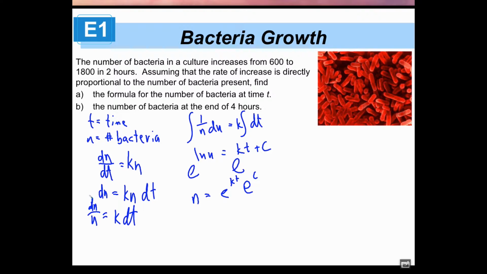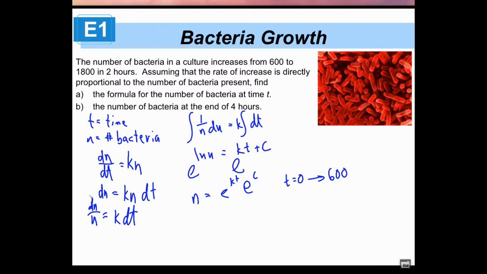N is number of bacteria present. Good. And so at the initial conditions, what's T? 0. And when T is equal to 0, what's N? 600, that's our starting amount. Okay.